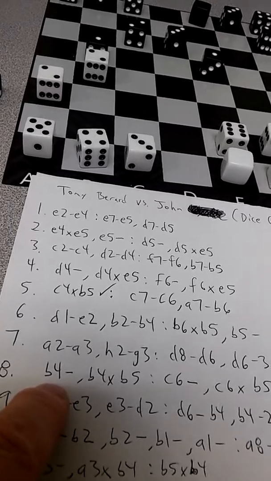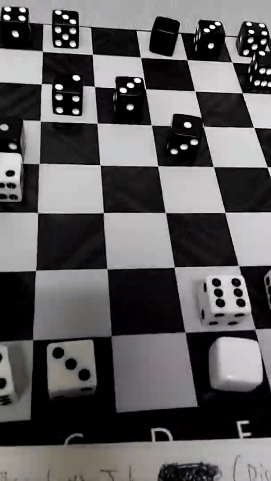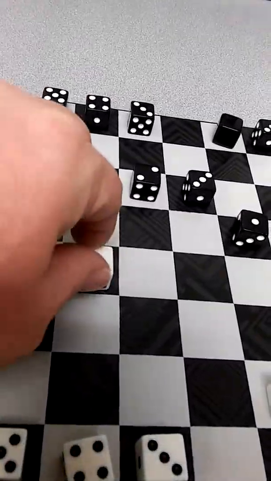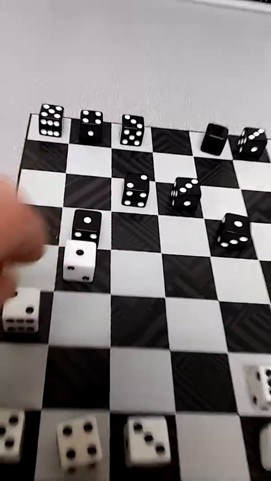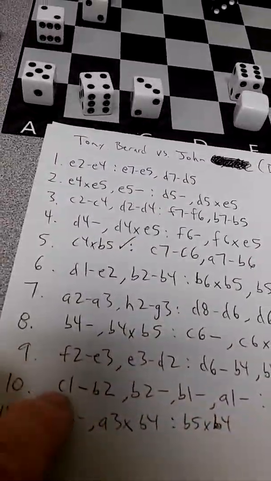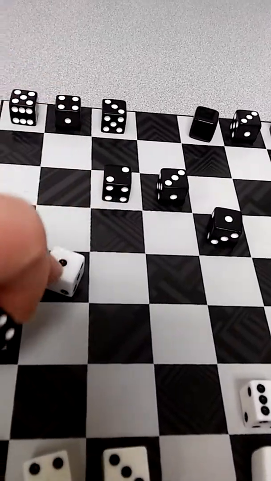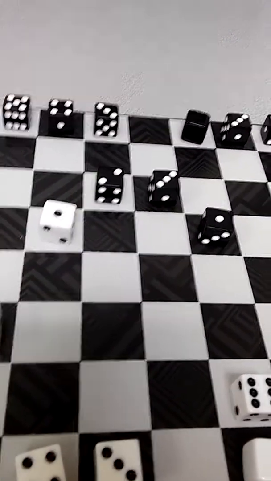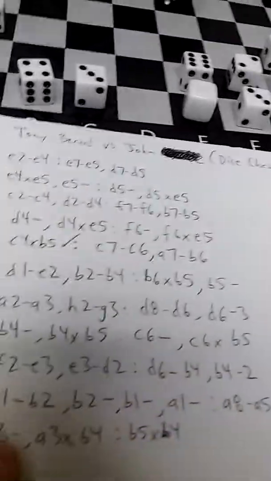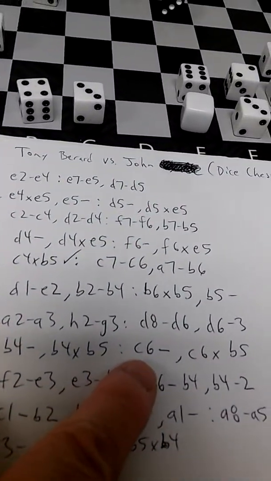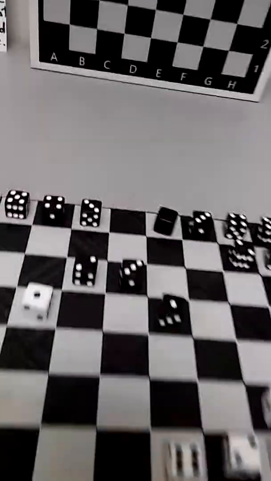So I played B4 decrement. That's here. And then B4 takes B5. Then he played C6 decrement.